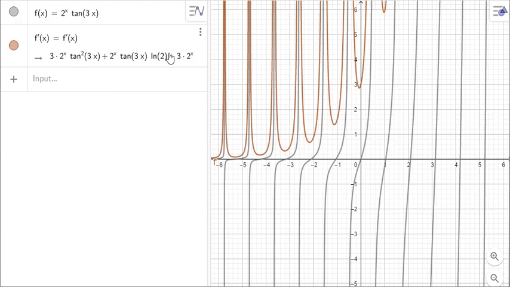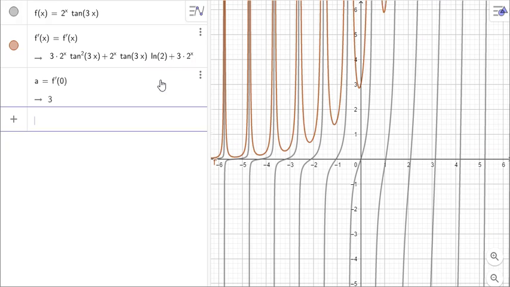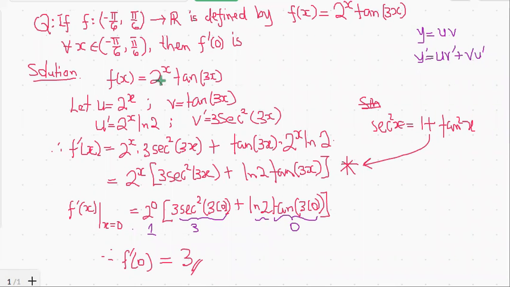So try it out, pause the video, and see if that will be the same. By further investigation, to also confirm that this answer is actually the same, let's find the first derivative at 0 and boom, that is 3. Which coincides with our answer earlier, 3.